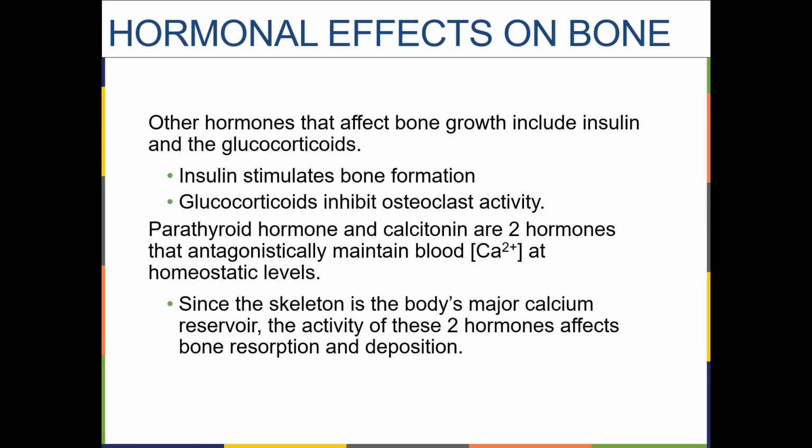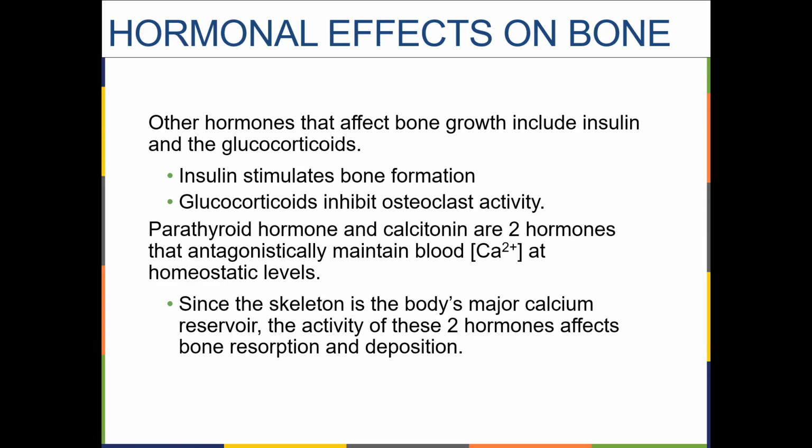Well, the same thing applies here in hormones. Parathyroid hormone and calcitonin are antagonists. They work against each other. Parathyroid hormone breaks down bone to release calcium. Calcitonin builds bone up to capture calcium. So they work in opposite directions.